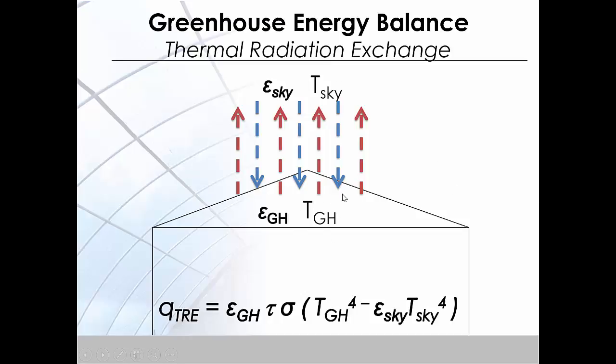Radiation exchange with the sky is a complex phenomenon, as the emissivity of the sky and the sky temperature are both difficult to determine. However, if one considers the emissivity to be unity and measures actual net outgoing radiation, an apparent sky temperature can be determined.